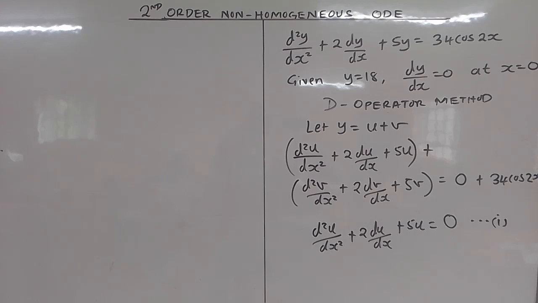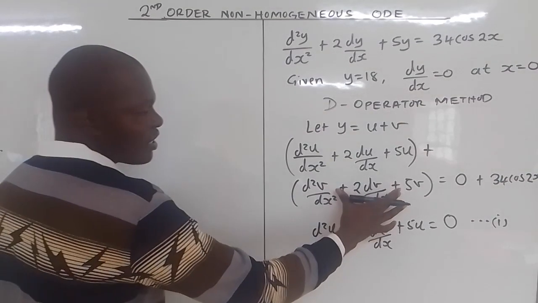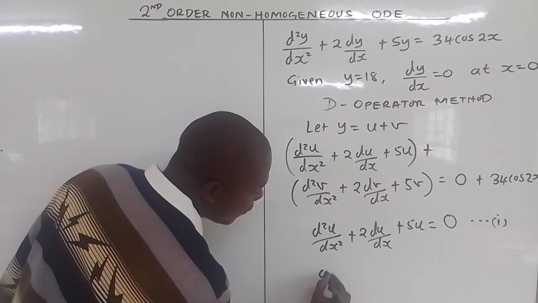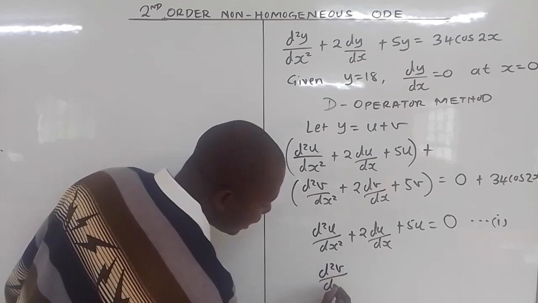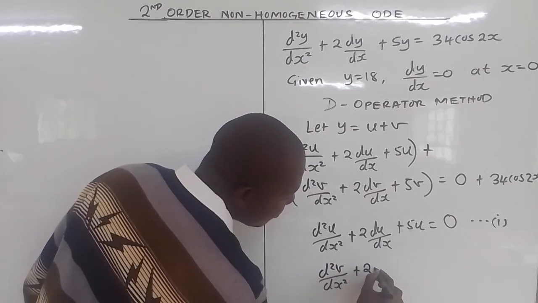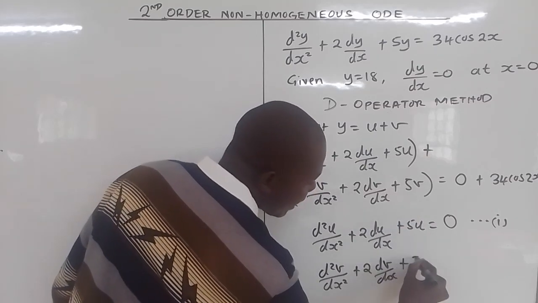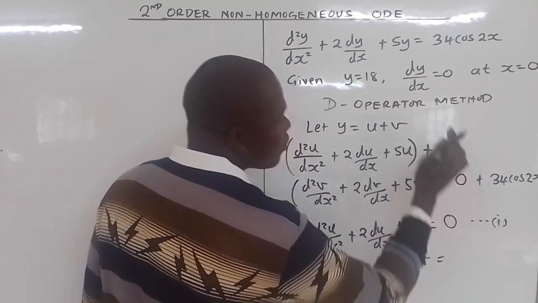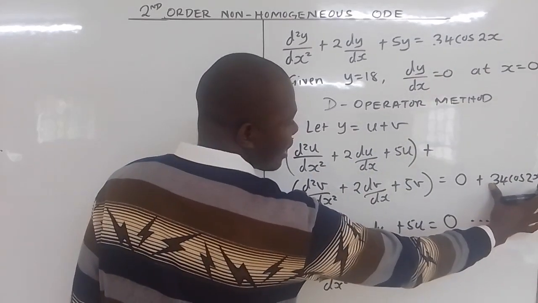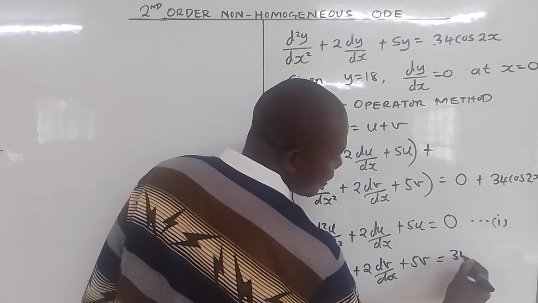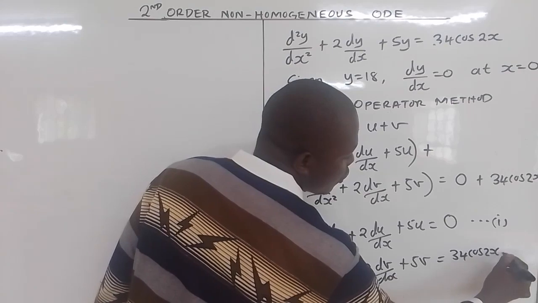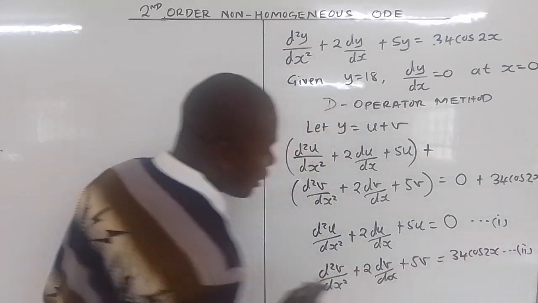The second part is d squared v over dx squared plus 2 dv over dx plus 5v equals 34 cos 2x, equation 2.